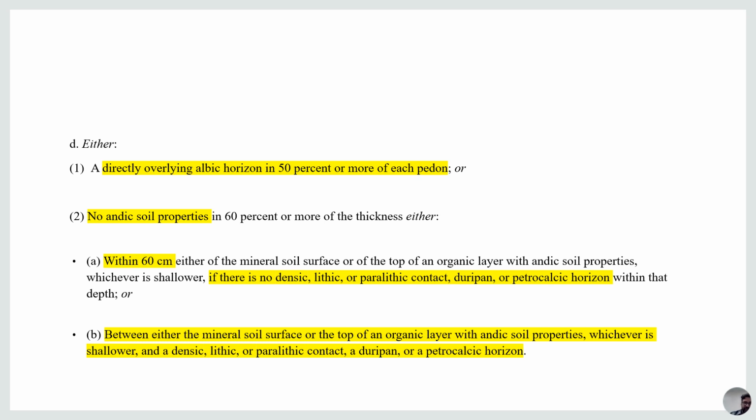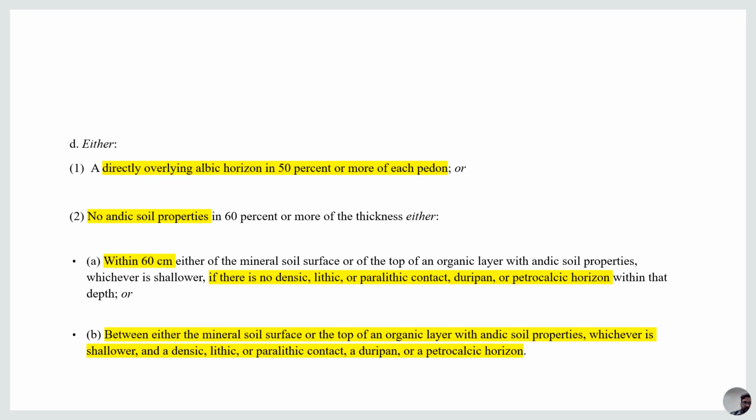So in the first 6 centimeters, if we cannot find any R layer, for example, like the lithic or paralithic contact, or cannot find anything cemented like a duripan or a petrocalcic horizon. Okay, but if we have these horizons and layers that express cementation or very low weathering, we cannot find andic soil properties between the soil surface and these layers or horizons.